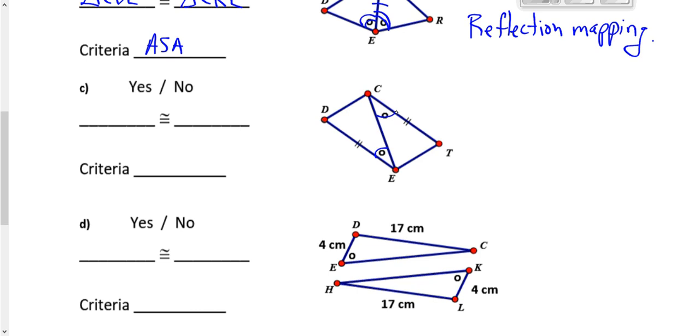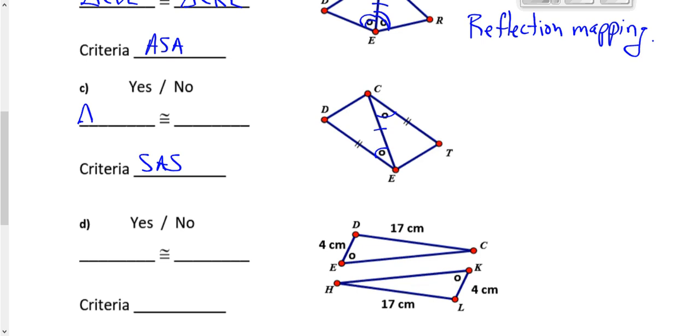Make sure you distinguish: line CE versus segment CE. The line goes on forever, the segment ends and that ends, right? So CE is congruent to itself. You get the idea. Side, angle, side.